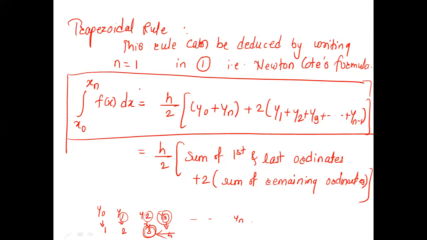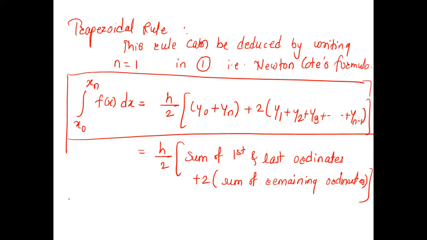Next, the second rule in this segment is Simpson's 1/3 rule. Before that, you should write one note, which can be asked in MCQs. What is important here is the formula; the derivation doesn't matter, just remember this.